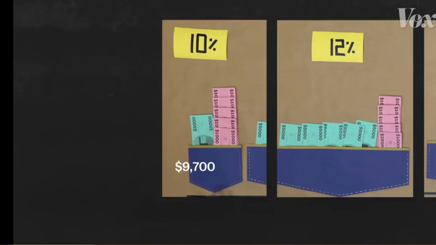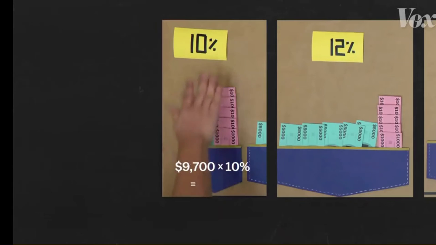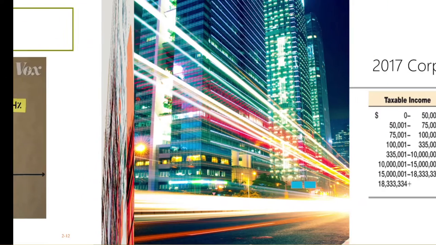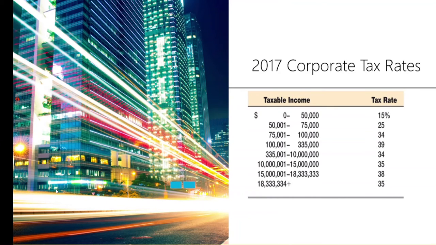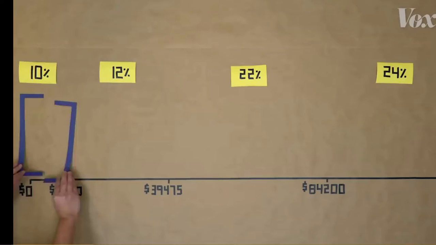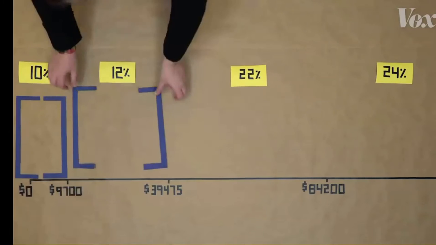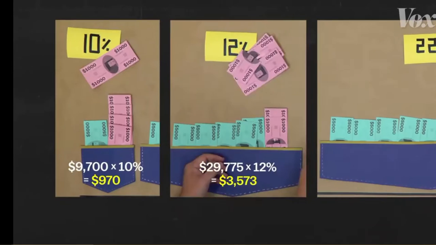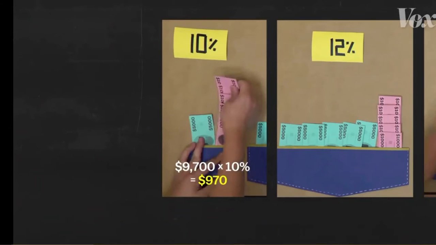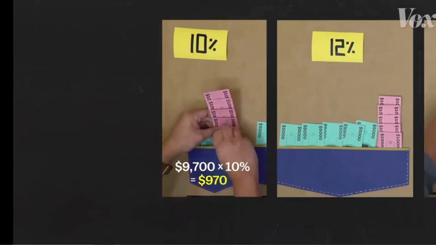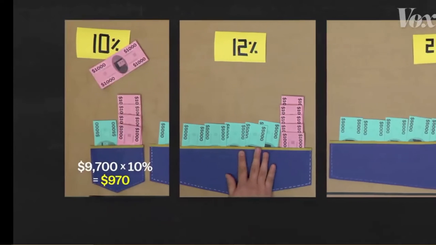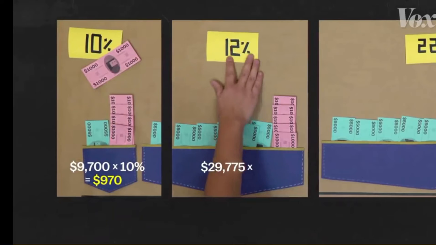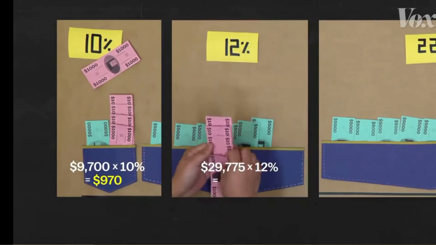The first pocket only has room for $9,700, so I only pay $10,000 for 2019. Then I pay 12% on the money in the next pocket.